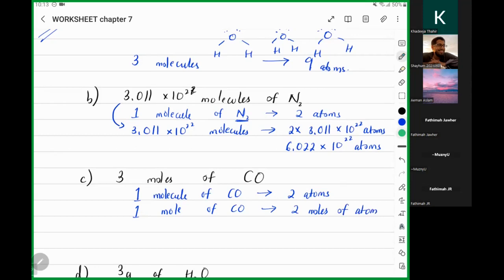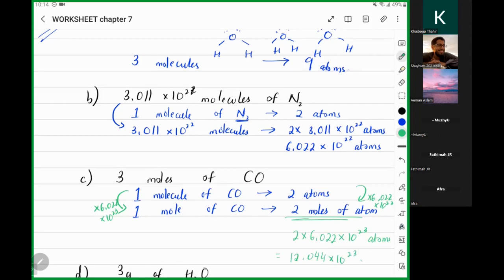What I'm trying to explain is that this is into 6.022, so this also should be into 6.022. So the number will be 2 into 6.022 into 10 to the power 23, number of atoms, which will be 12.044 into 10 to the power 23 atoms.